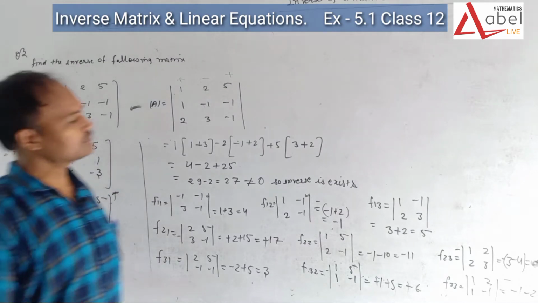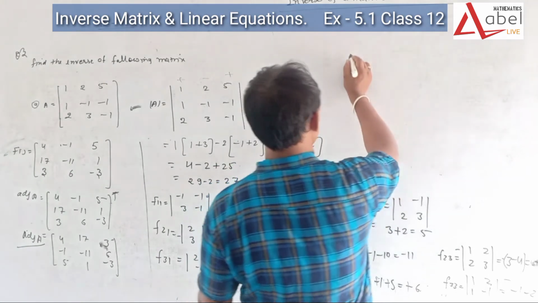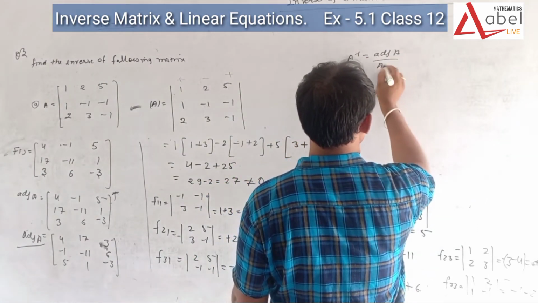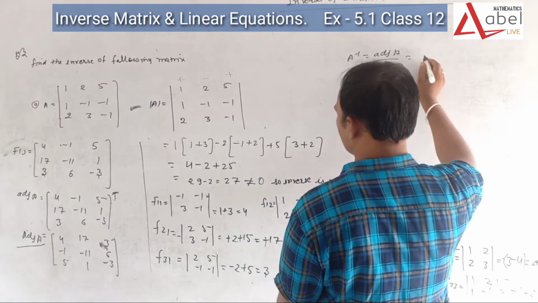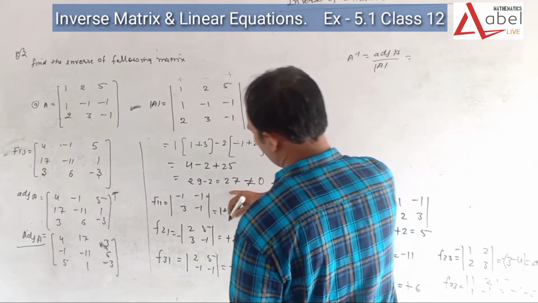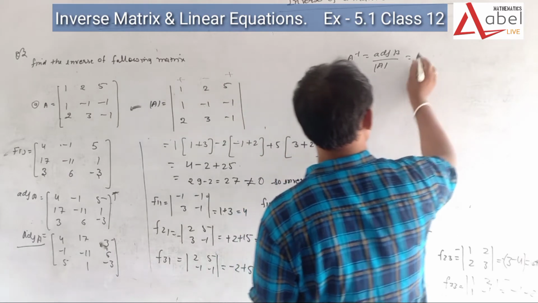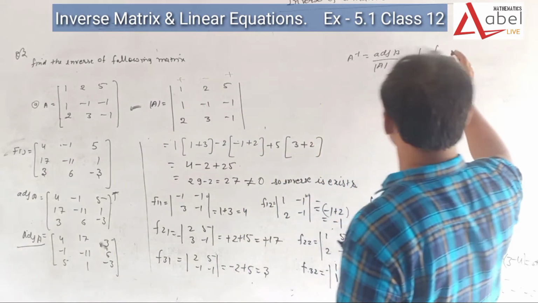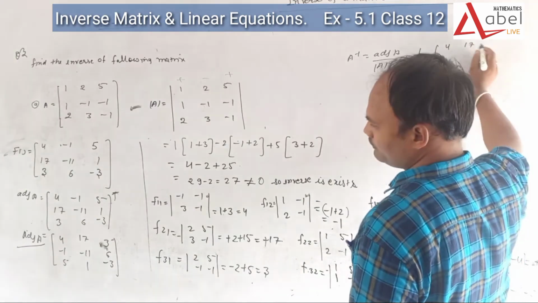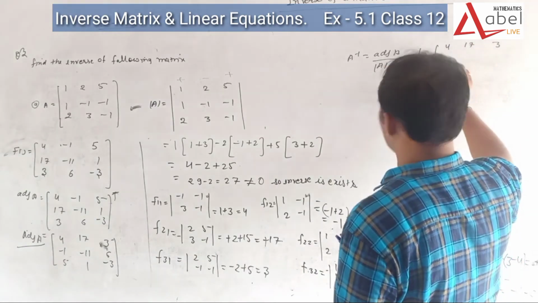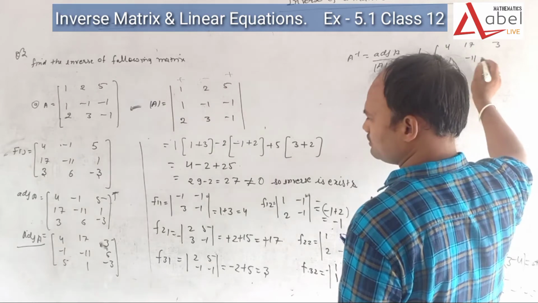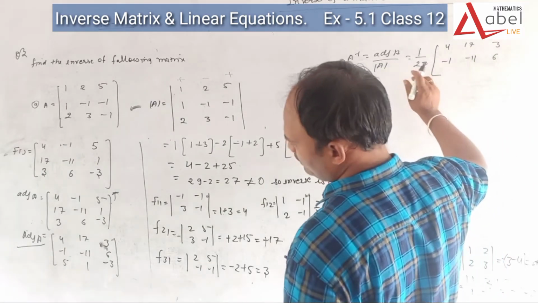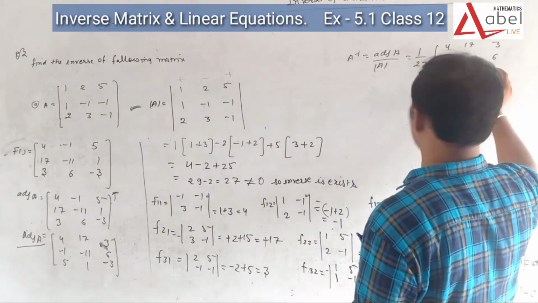Now we have to find A inverse. A inverse means adjoint of A upon determinant of A. So what is the value of the determinant of A? It is 27, so we have 1 upon 27, and we write the adjoint of A: 4, 17, 3, minus 1, minus 11, 6, 5, 1, minus 3.